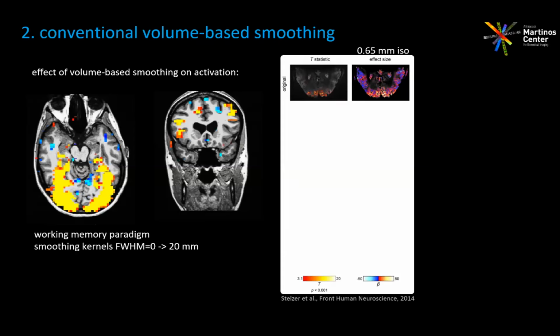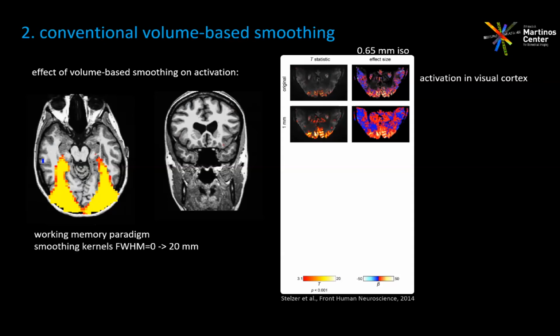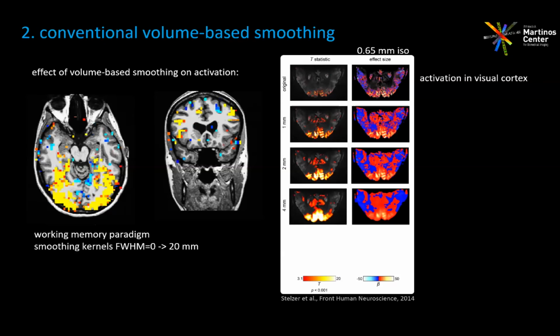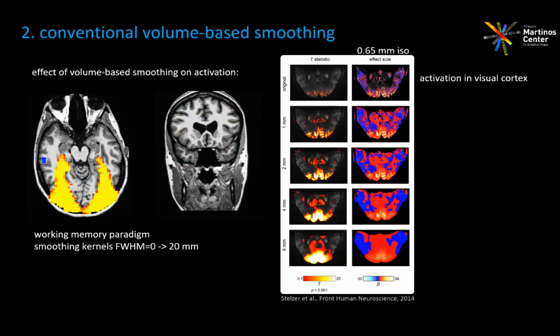Here is another good one. This is 0.65 millimeter isotropic data. The images are kind of small, but I hope you can see. On the left, we have the t-statistic. On the right, we have effect size. And this is the original non-smooth data. You can see activation in visual cortex. And then we start smoothing: 1 millimeter, 2 millimeter, 4 millimeter, 8 millimeter. So what happens? Well, statistical significance goes up, right?